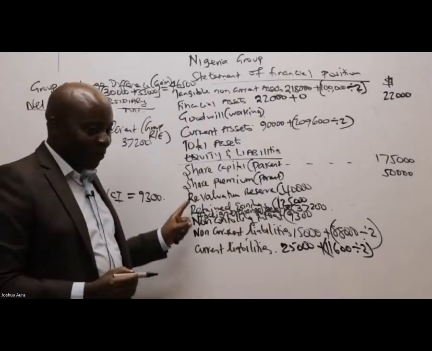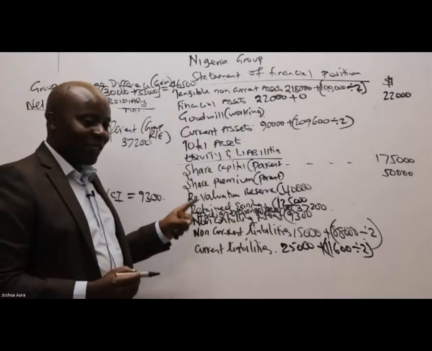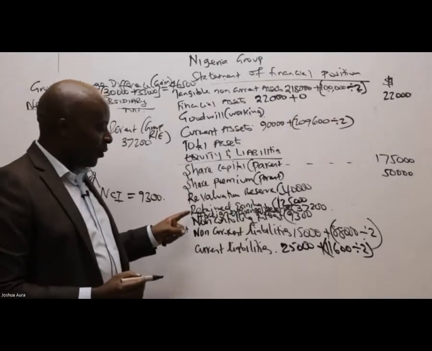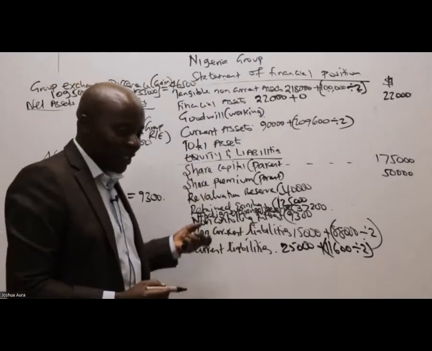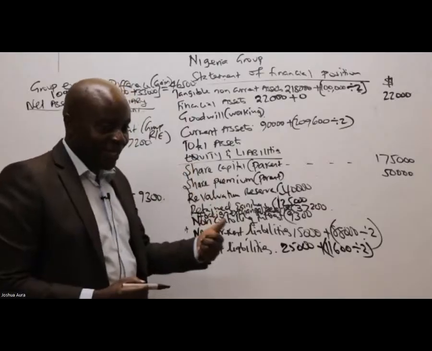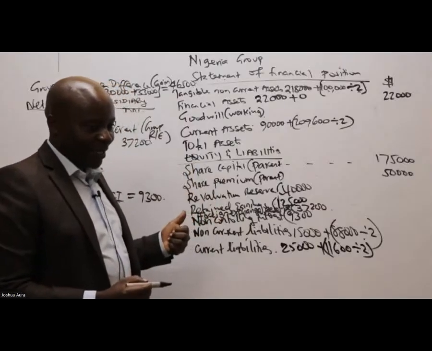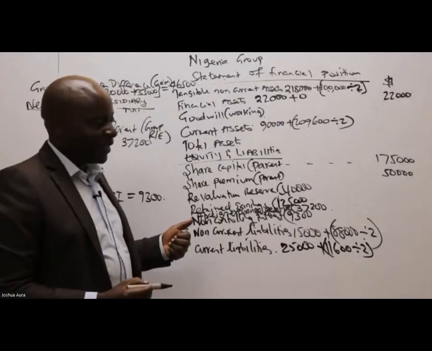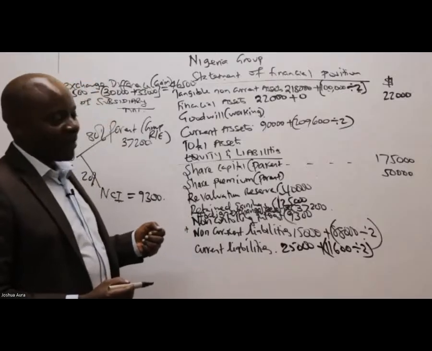I don't know whether you've been able to write yours very well. Fix it. Have you been able to fix your foreign exchange reserve under the equity? JS says yes. Please fix it there.